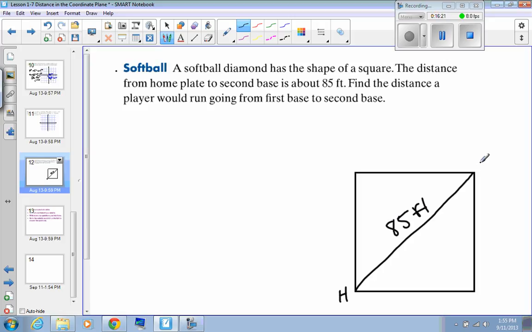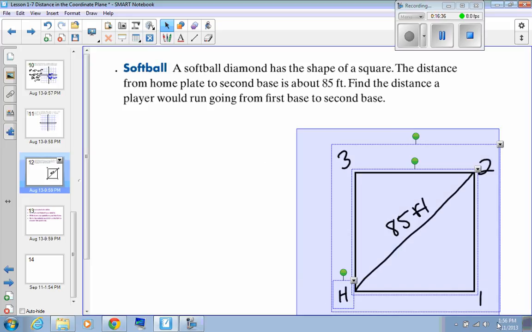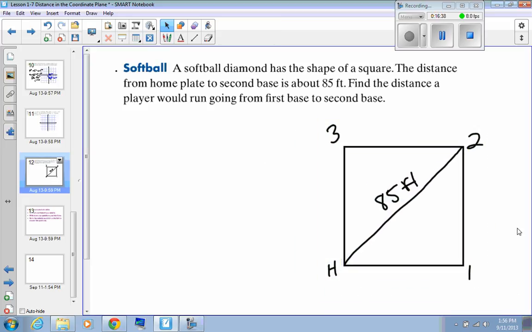This is second, this is first, this is third. It wants to know the distance that the player would run going from first base to second base. So I want you to think about what we would do to find this answer.